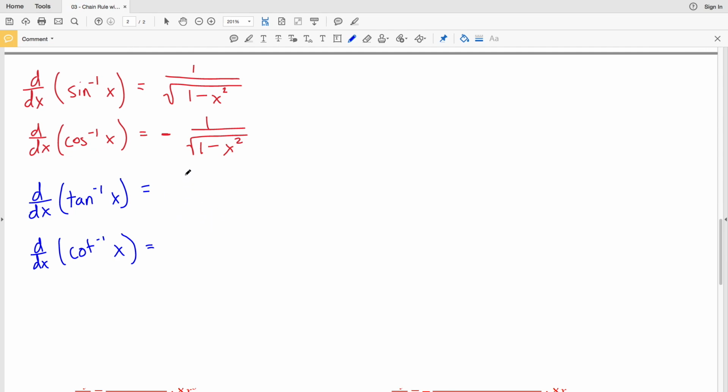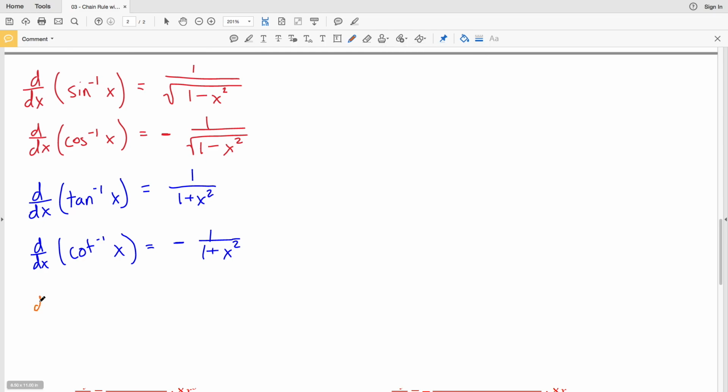And with the inverse tangent of x, that's 1 over 1 plus x squared. And for the inverse cotangent of x, that's the opposite of 1 over 1 plus x squared. And now these values are for all real numbers. Negative infinity < x < infinity.